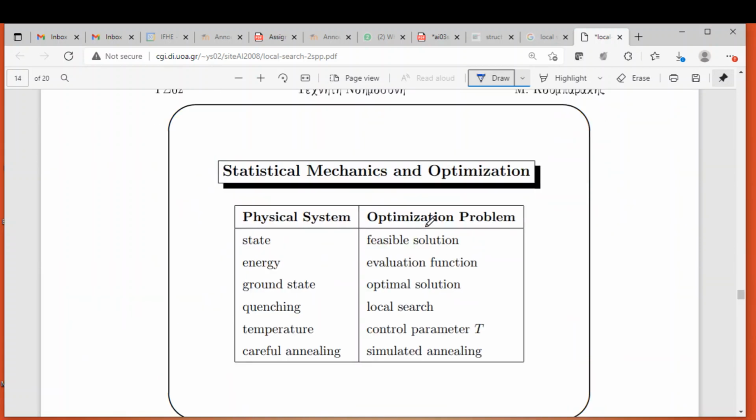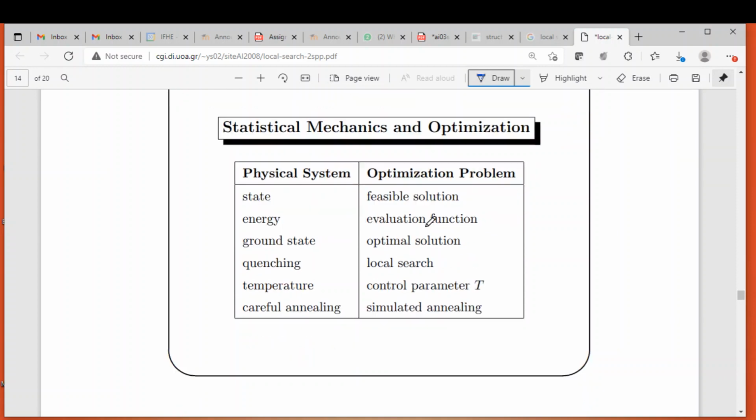How can we relate the annealing of physics to the annealing of computer science or artificial intelligence? In physics, when you perform annealing, the metal changes from one state to another state, which are called different states.